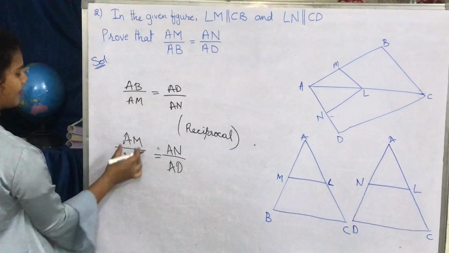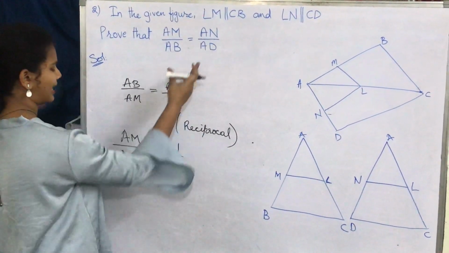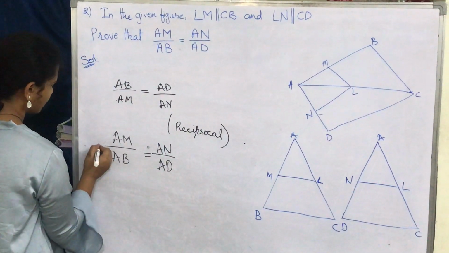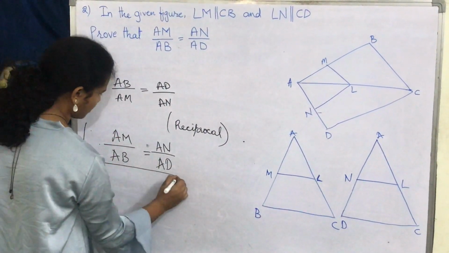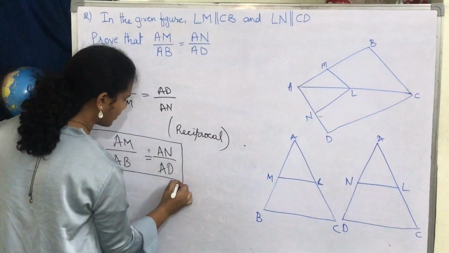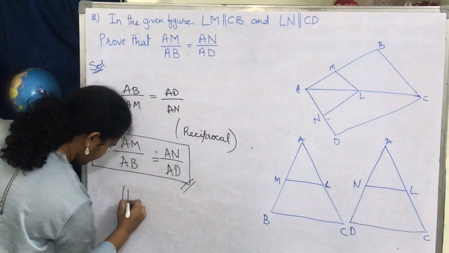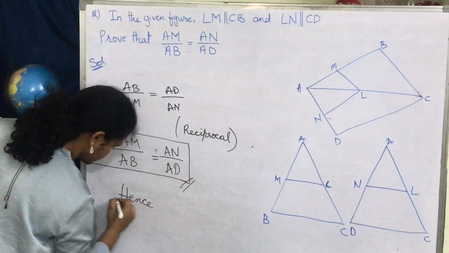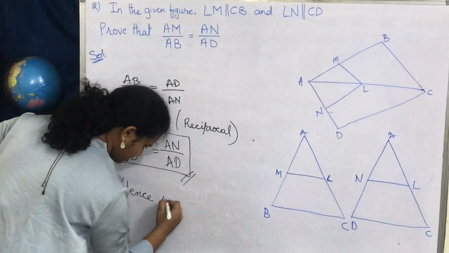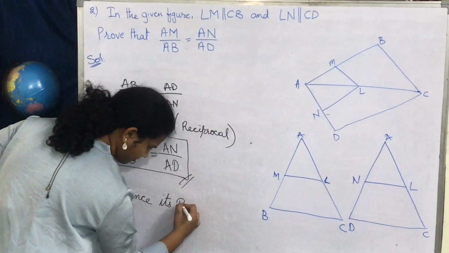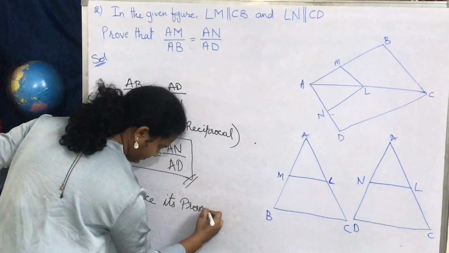We got AM by AB equals AN by AD. Therefore, hence proved.